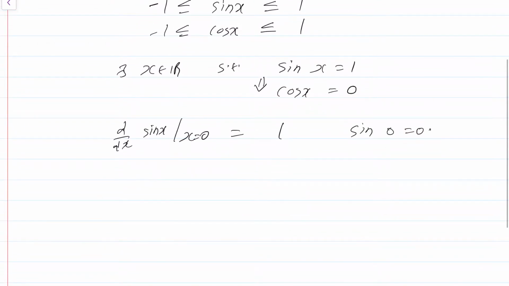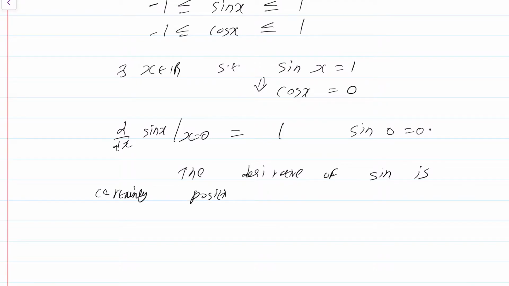Because the derivative of sine is cos and cos is a continuous function, the derivative of sine is certainly positive when x is near 0.